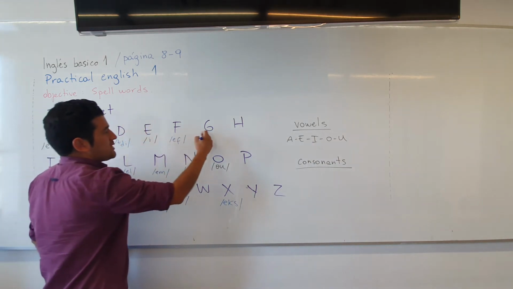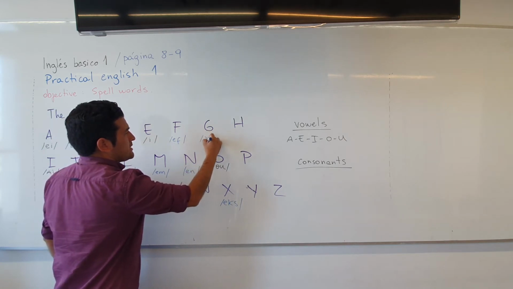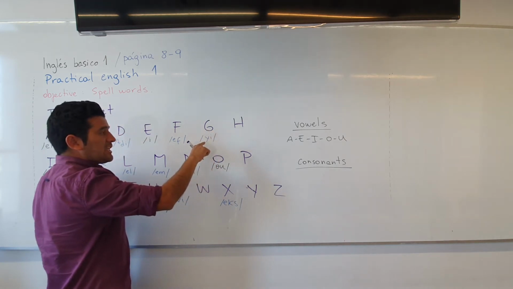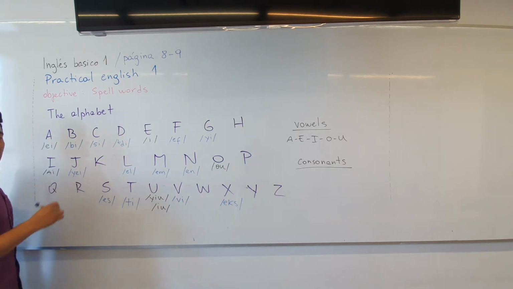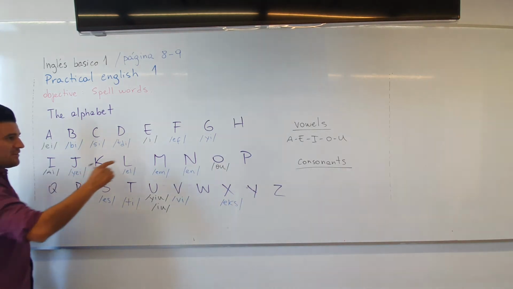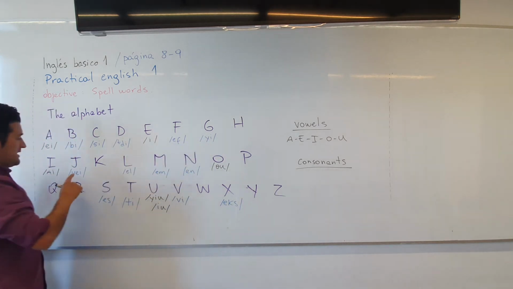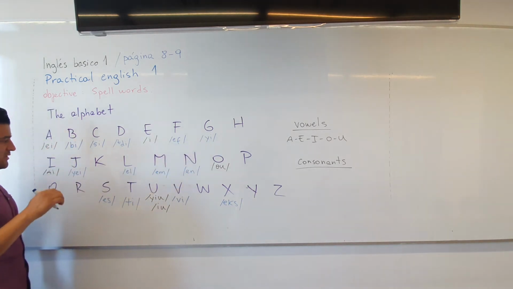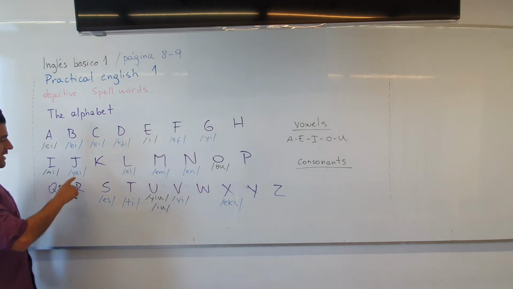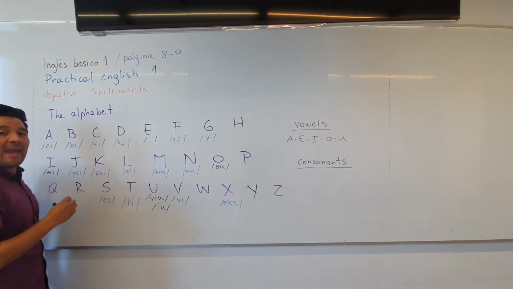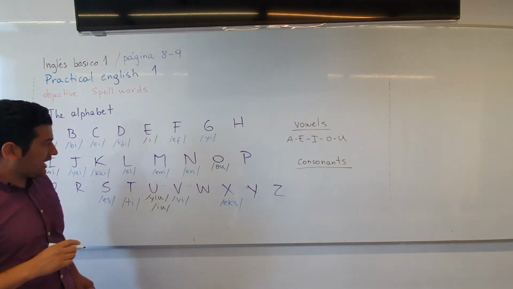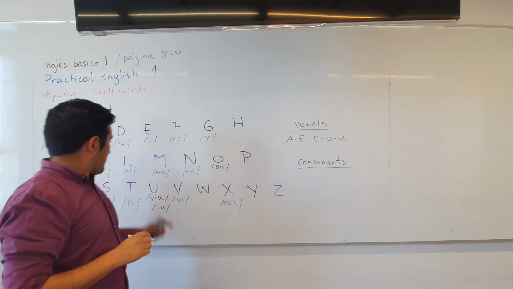Look at the difference between this one. This is G, and this is J. So you see they are different. G, J. There are two differences. Here we have J and we have K. K, okay? That is important.